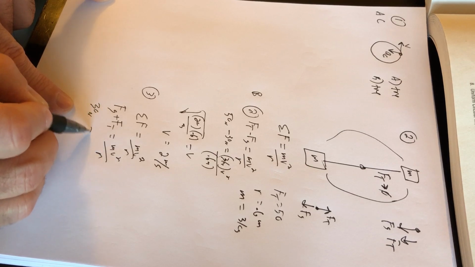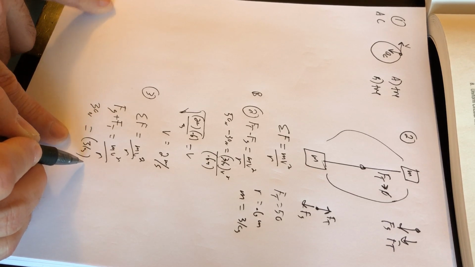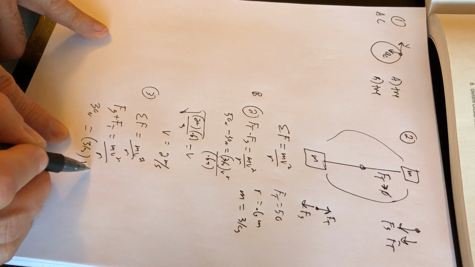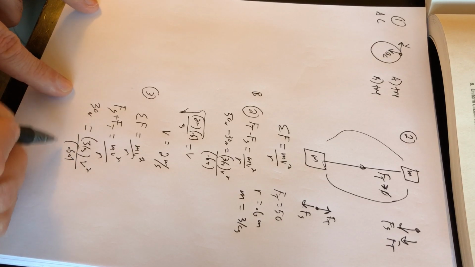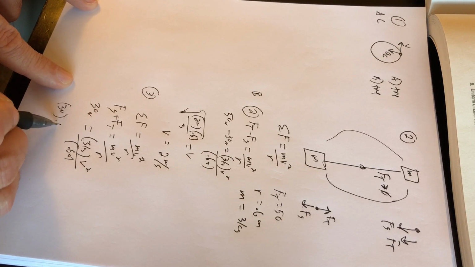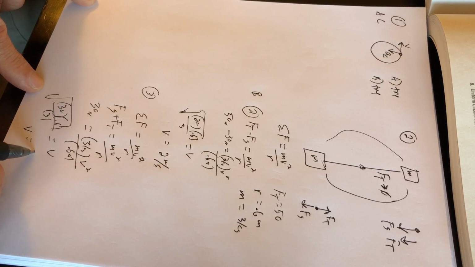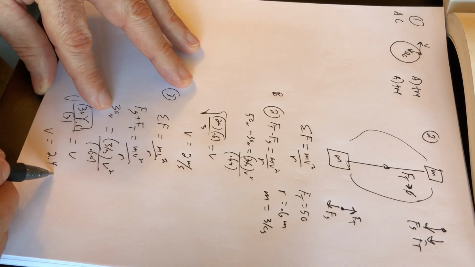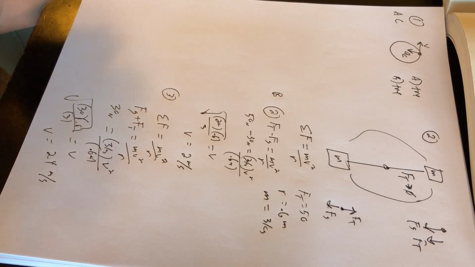For tension, I'm putting in 0. The mass is 3 kilograms, the velocity is v squared, and the radius is still 0.6 meters. So what do I get? 30 times 0.6 divided by 3, and take the square root of that. And so v comes out to be 2.4 meters per second. And that's choice C.